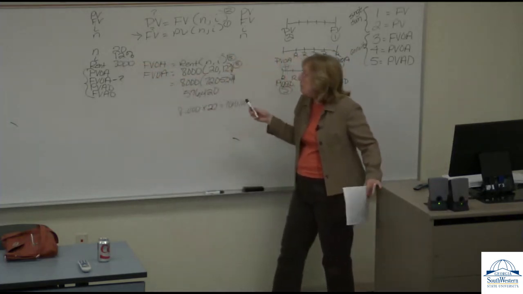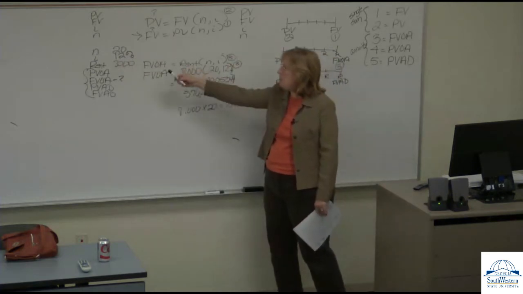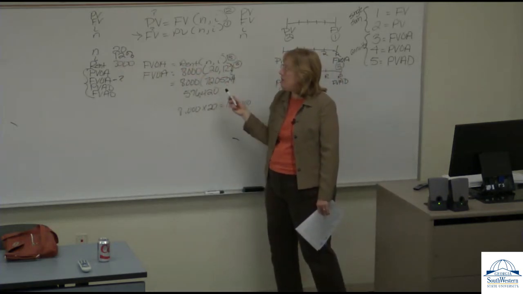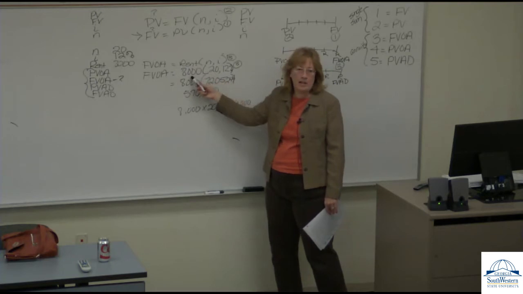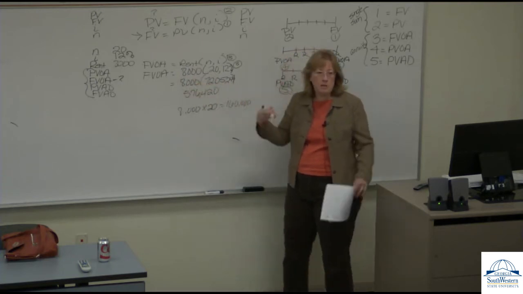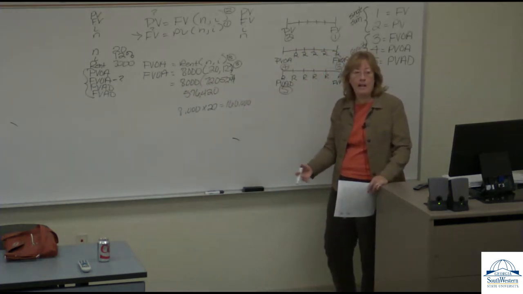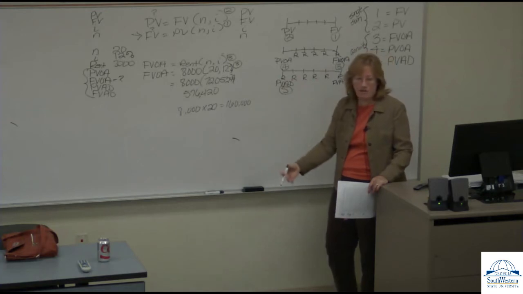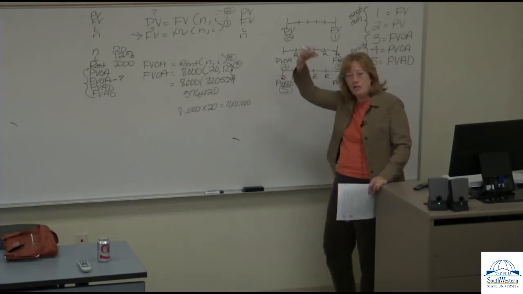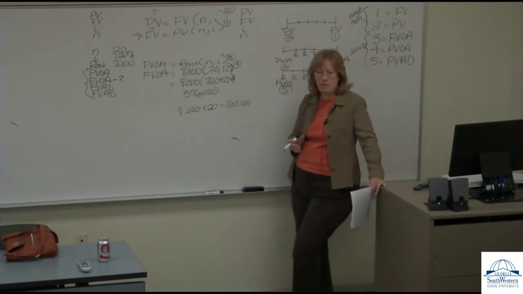What's 12% of $8,000? It's almost $1,000, right? So it's going to build up pretty fast, and then the next year it's going to be earning interest on $9,000, and then the next year on $10,000 or $11,000. So it's just going to build up pretty quick. Do you see what I mean?